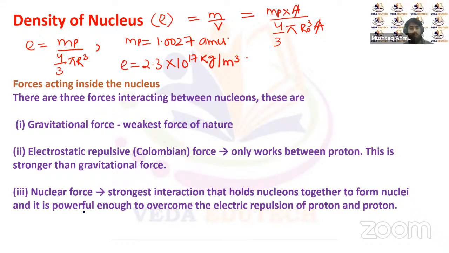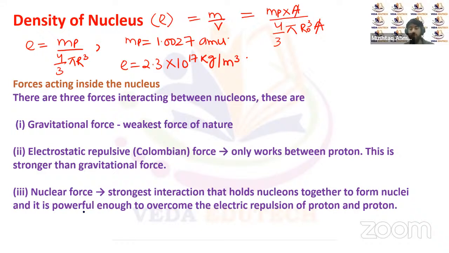And the second interaction is the electrostatic repulsion, because we have proton and proton, they are both positively charged, so there will be electrostatic force of repulsion, or a Coulombian force between them. It is only applicable for the protons because neutron itself is a neutral particle. And electrostatic force is much stronger than the gravitational force.